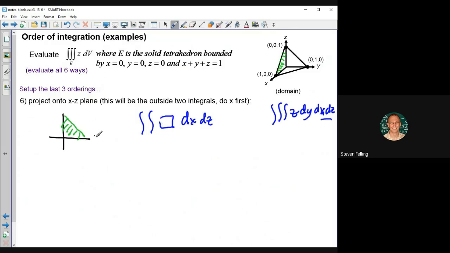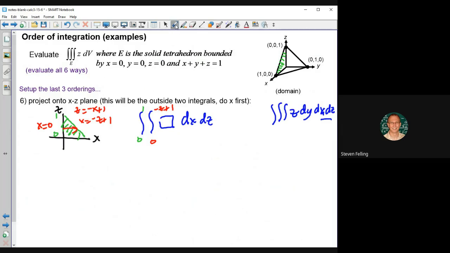Let me label these x, z, because we're reserving y for the third one. We're going to go in the x direction first this time. So this is going to be from x equals 0 to this boundary, which is z is negative x plus 1, or x is negative z plus 1. And so we're going to go x from 0 to x is negative z plus 1. And then to cover the outermost one, we'll go z's from 0 to 1.